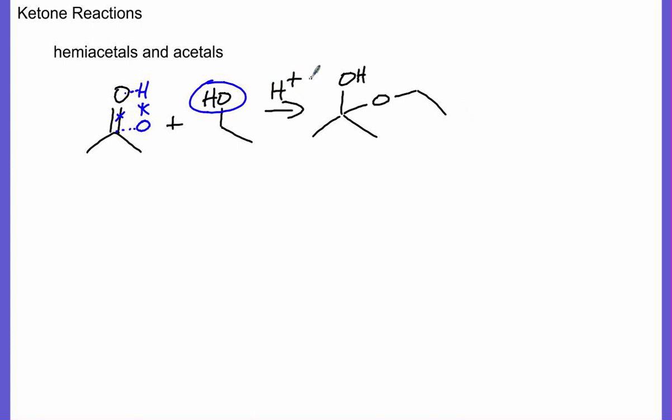So again, if I give you your reaction prompt for hemiacetal-acetal type reactions, you should have a carbonyl group, an alcohol, and then that acid catalyst, but your hemiacetal would look like that product on the right. I can also react that hemiacetal further to make an acetal out of this.